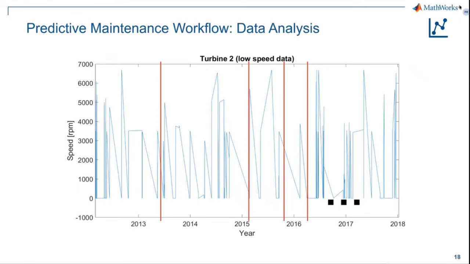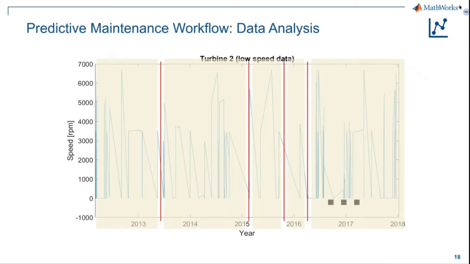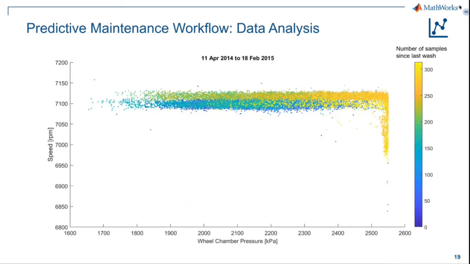To be able to visualize and understand how the behavior of a turbine changes as it nears the end of its life, we used our wash logs to effectively segment the data into a series of life cycles for that specific turbine. This graph shows the data collected within a single life cycle of a turbine.